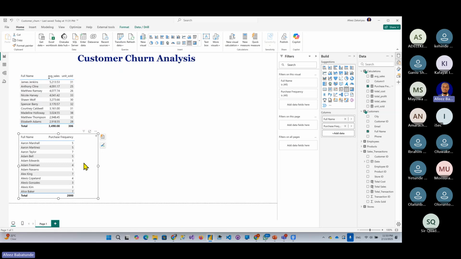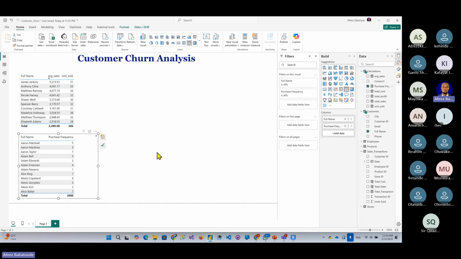Or if purchase frequency is less than 2, or less than or equal to 2. So you can place a benchmark around your data and say, okay, if customer purchase frequency is less than or equal to 3, then let me know.